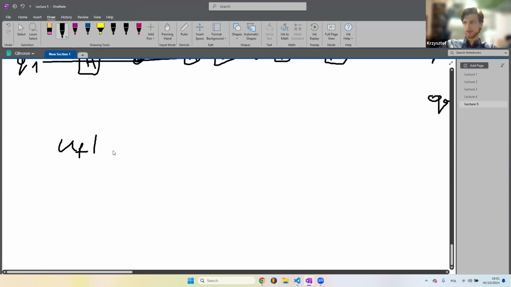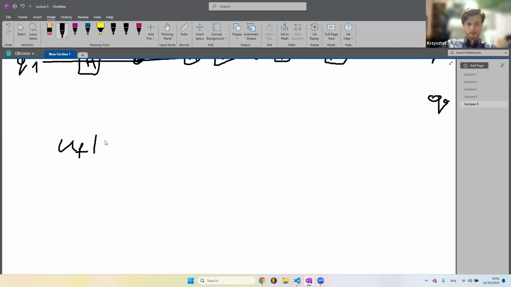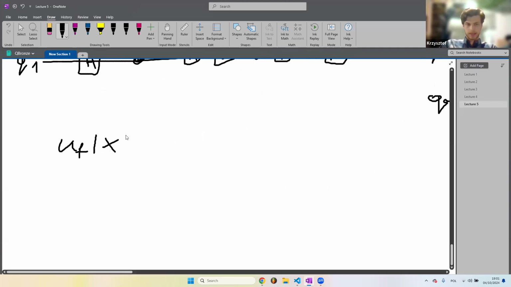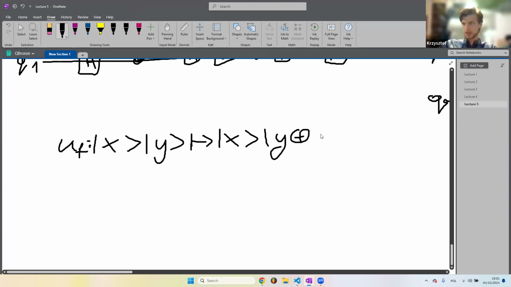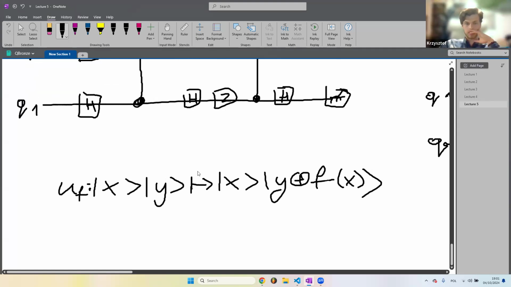Let's see what effect the operator UF has on two different bits, like x and y. Based on our table, you can prove that this operator has a property that it transforms our state to the state here, and this is the binary addition.